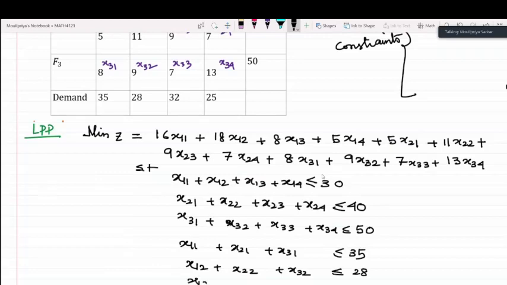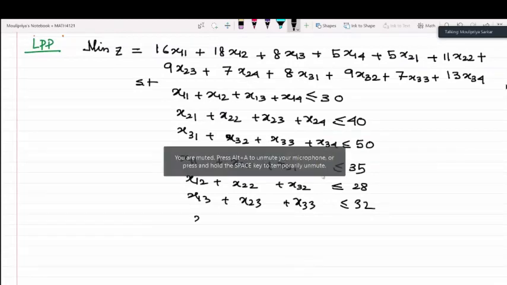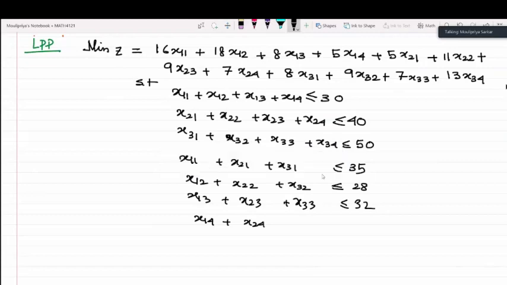You have x13 plus x23 plus x33 less than or equal to 32. And finally, you have x14 plus x24 plus x34 less than or equal to 25, I guess.